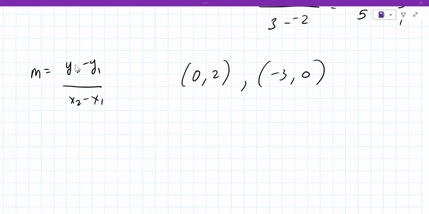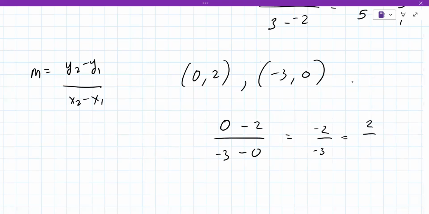It's really important that you write it in this order. y2, 0, minus y1, which is 2, so 0 minus 2 in the numerator, then -3 minus 0 in the denominator. Isn't it 2 over -3? It is -2, 0 minus 2, over -3 minus 0. It is -2 over -3, which is 2 over 3.